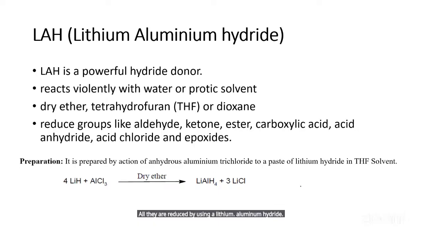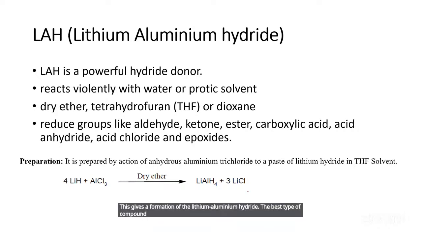It is prepared by a simple conversion using dry ether as a solvent. Lithium hydride is treated with aluminum chloride, which gives the formation of lithium aluminum hydride. We observe a paste-type compound.